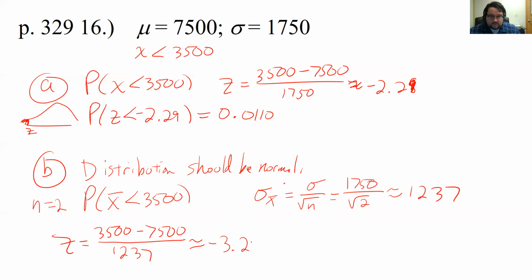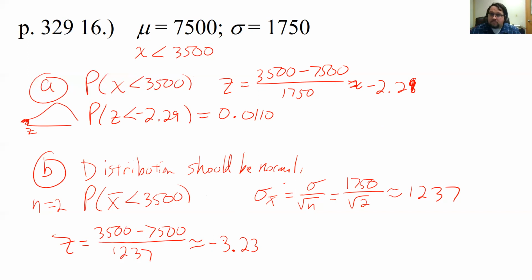So let's see what happened. We had one value and it had a Z value of negative 2.29. But now we got two, and we averaged those two, and the average is at a Z value of negative 3.23. So by having two, we've made the Z value larger in magnitude, which means there's going to be less probability out that way.